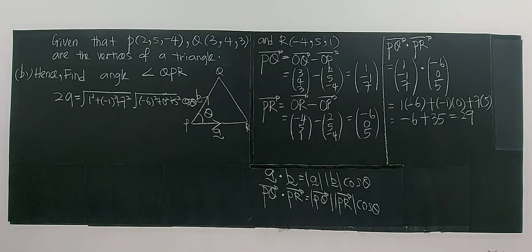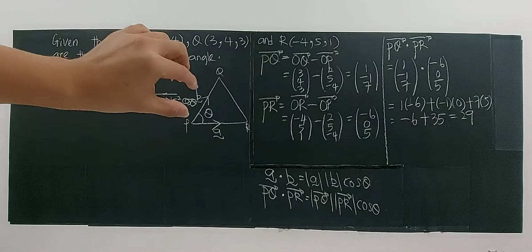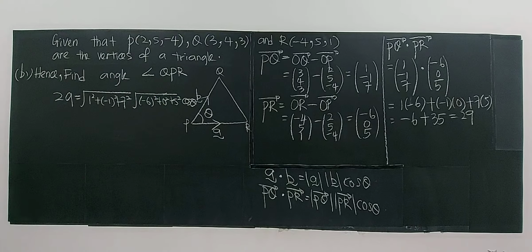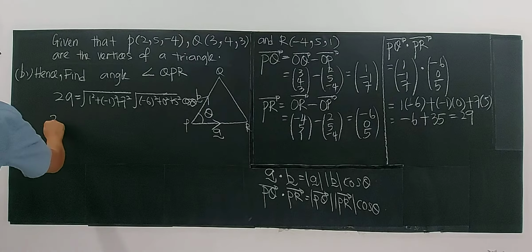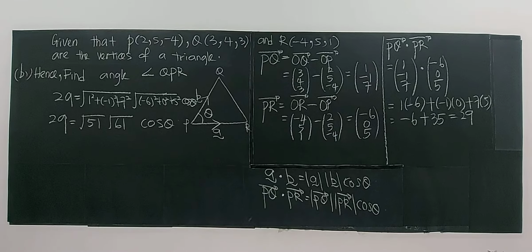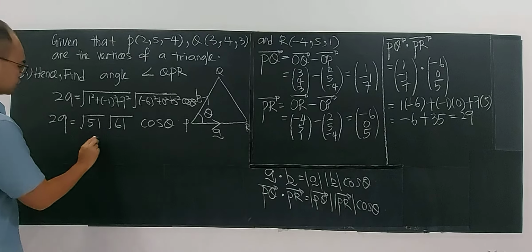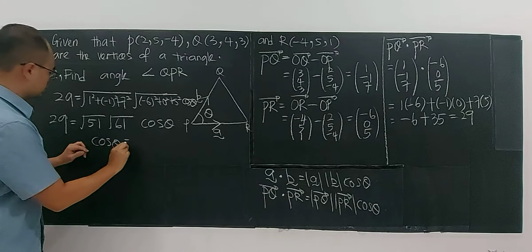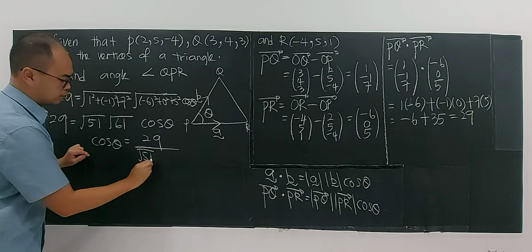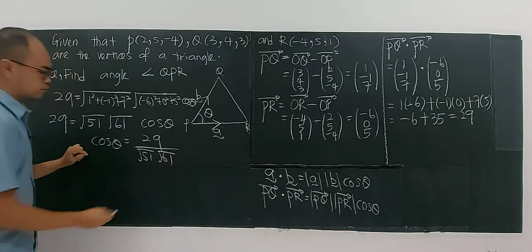Evaluating, that gives the square root of 51 and the square root of 61, so cos theta is 29 divided by the square root of 51 times the square root of 61.